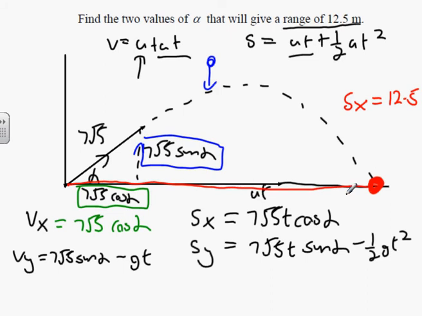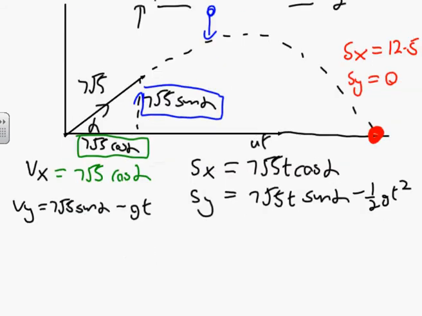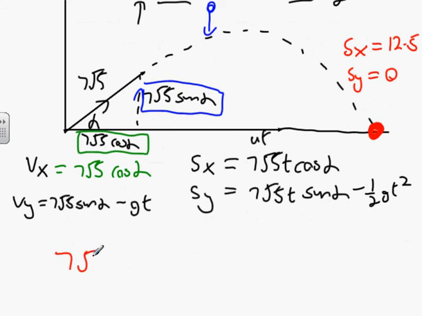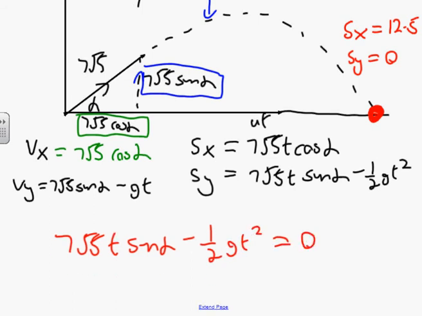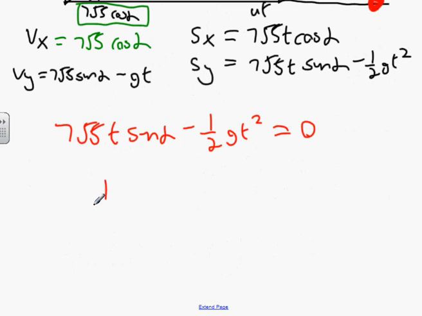What do we know about our sy at this point in time? Sy is 0. So get your sy equation, 7 root 5 t sin alpha minus a half gt squared, and put it equal to 0. Solve this equation. A half gt squared equals 7 root 5 t sin alpha. The t's will cancel.